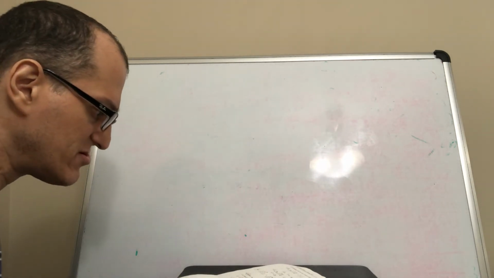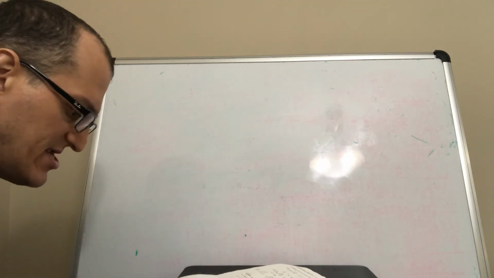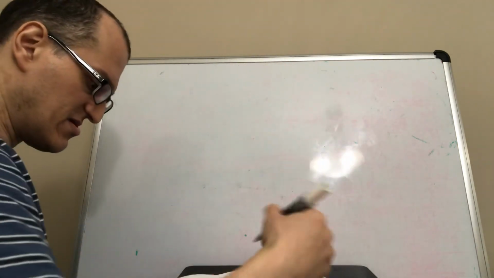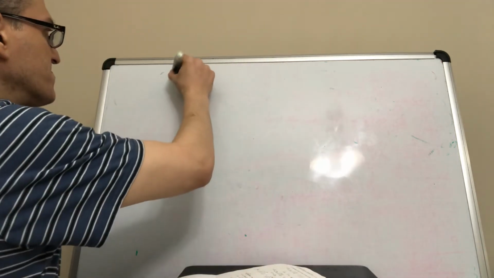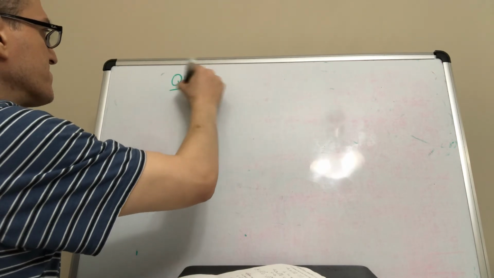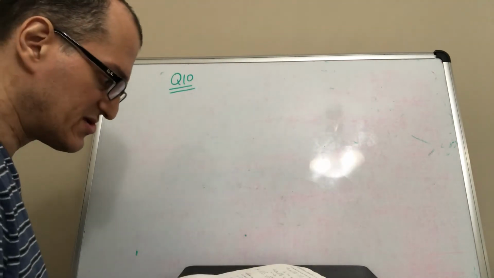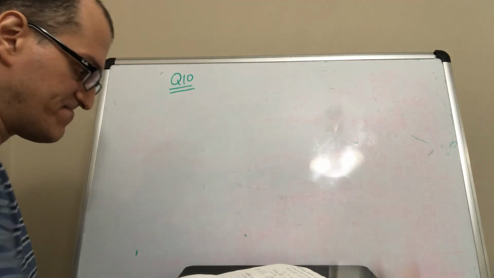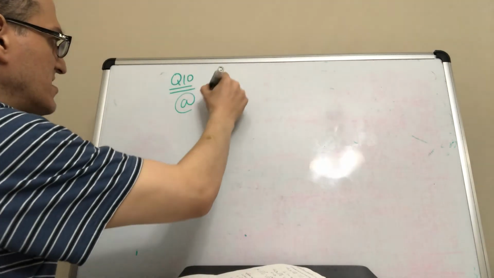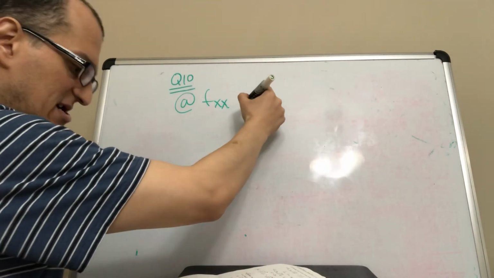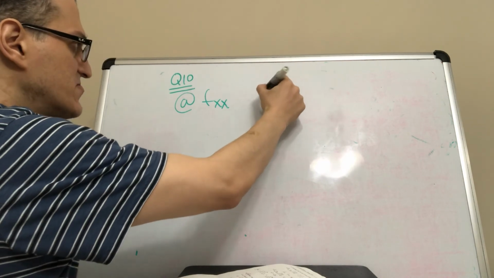So for example, question 10. Question 10, they're all straightforward. We start with A. You're trying to find the second derivative in terms of x for this.